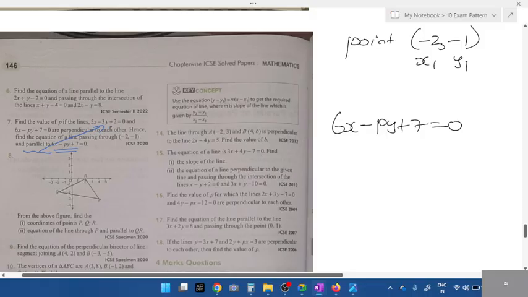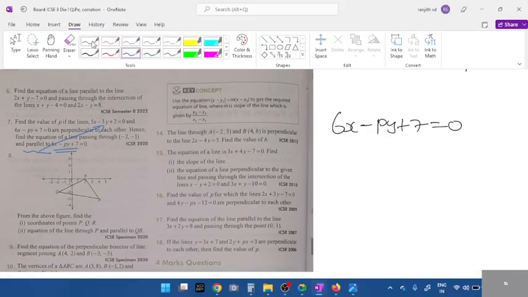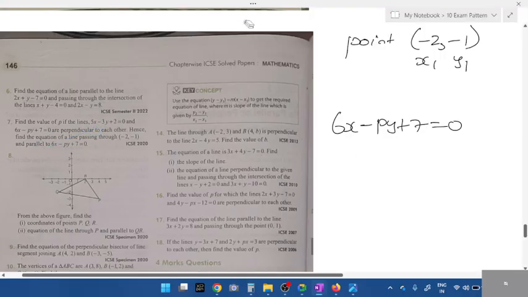For this, what was the slope we got? For the first one, what was the slope we got? Right, let me explain again.